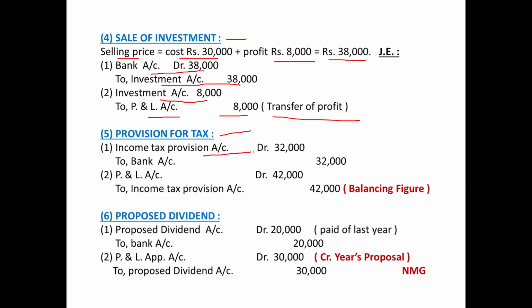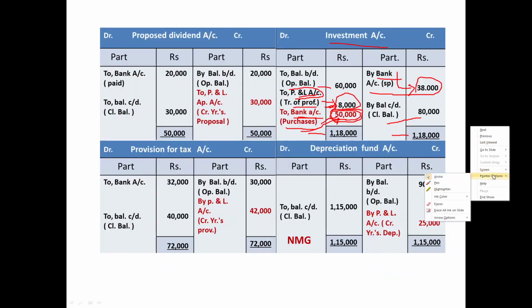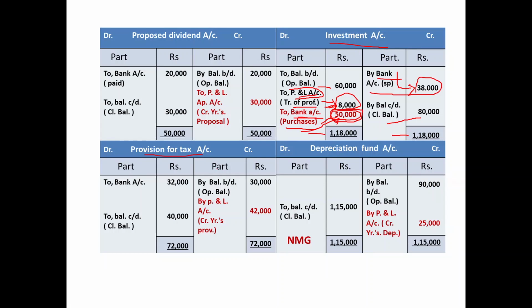Income tax provision account debited 32,000 to bank account credited 32,000. Second journal entry for the current year's provision in the form of balancing figure. Let us verify the tax provision account and give the posting for this transaction. Income tax provision account, opening balance 30,000, closing balance 40,000, posting of the first journal entry, income tax provision account debited to bank account credited 32,000.